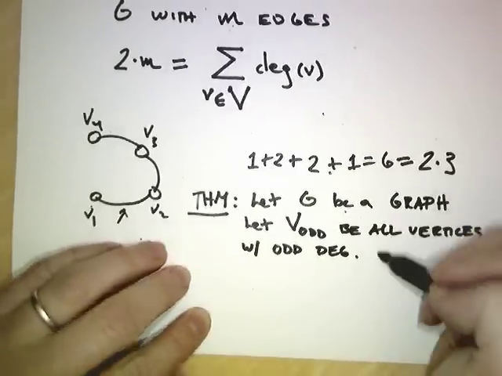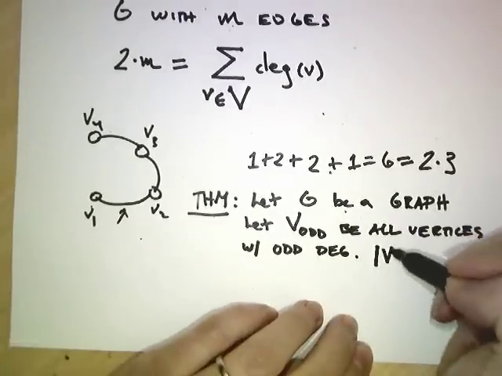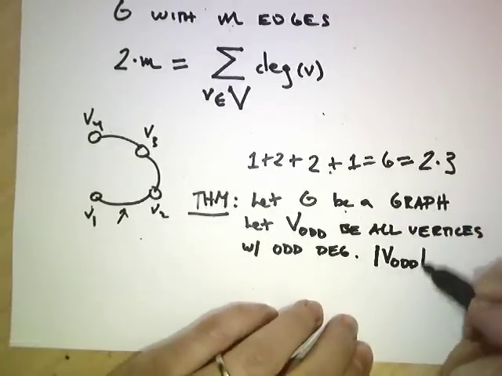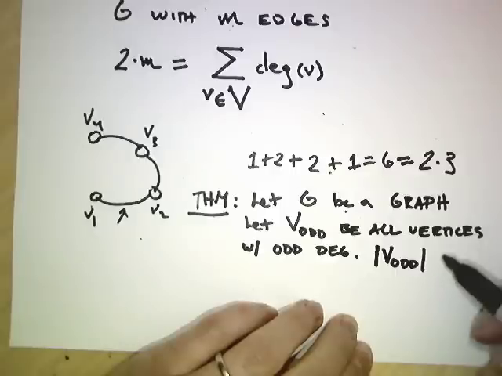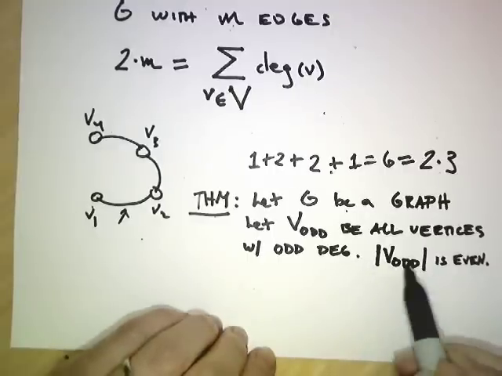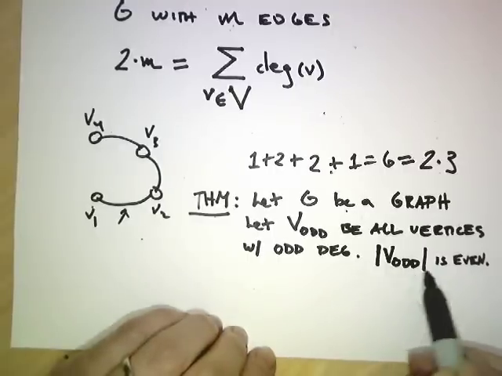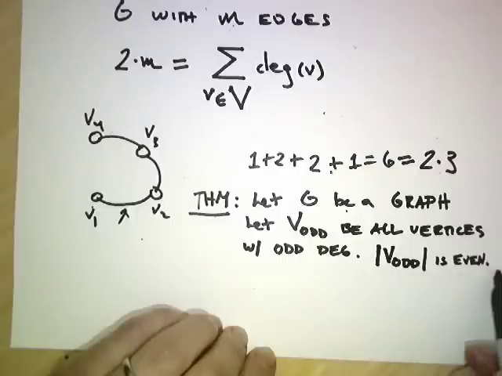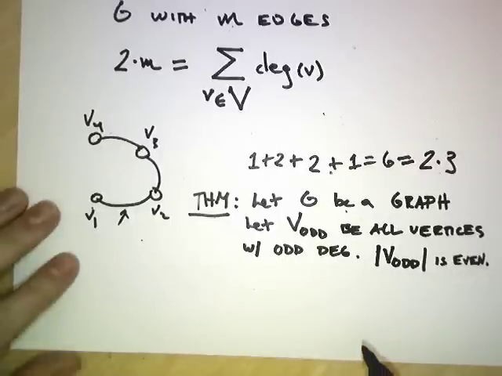And the theorem states that V odd, the number of vertices with odd degree, is even. So these two lines here mean the size of V odd. So the number of vertices that have odd degree is even in any graph.